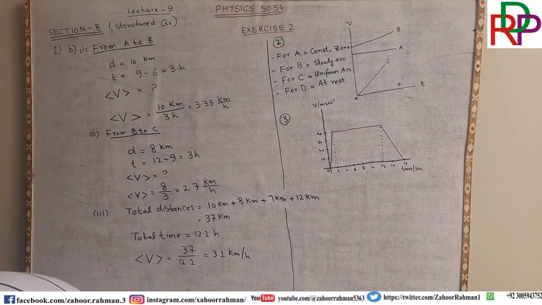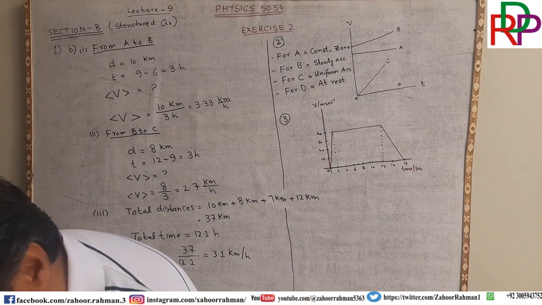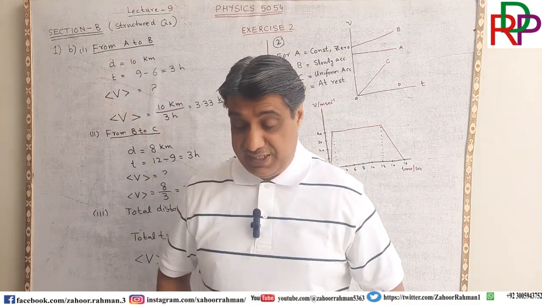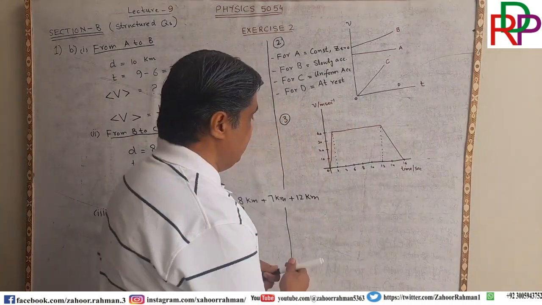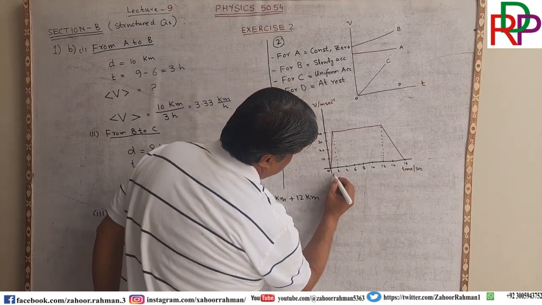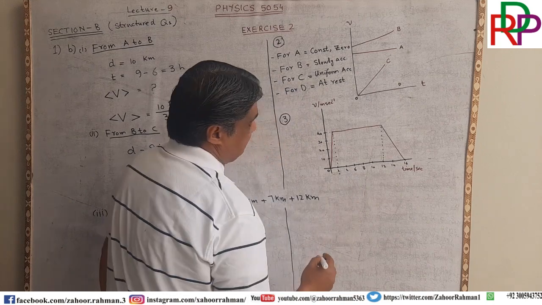They are saying to find the acceleration of the train in the first 2 seconds. Because this is the time, so this is t.